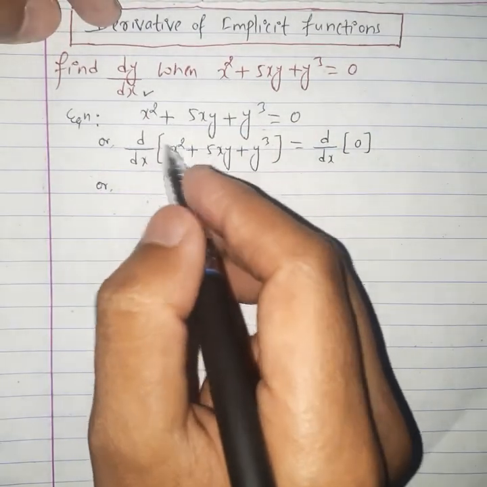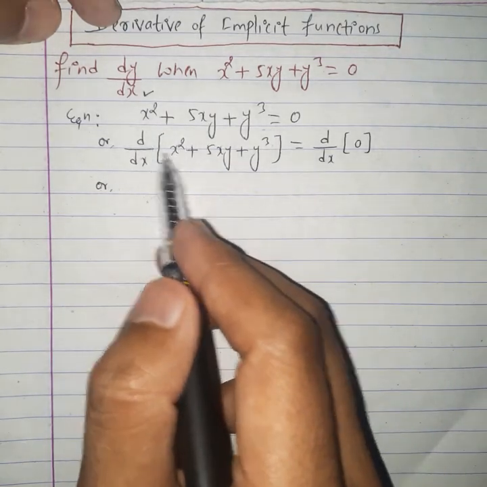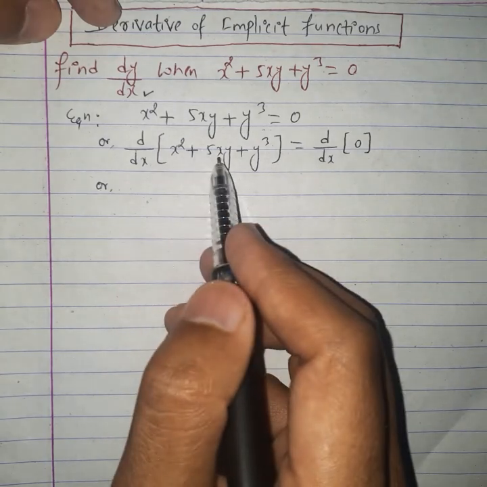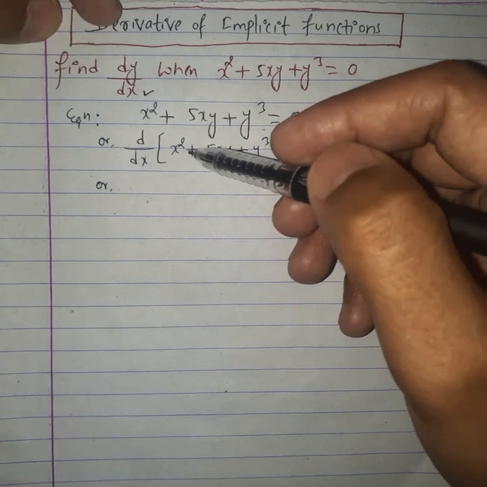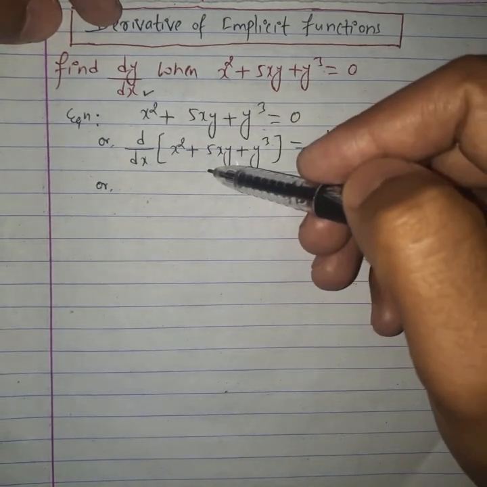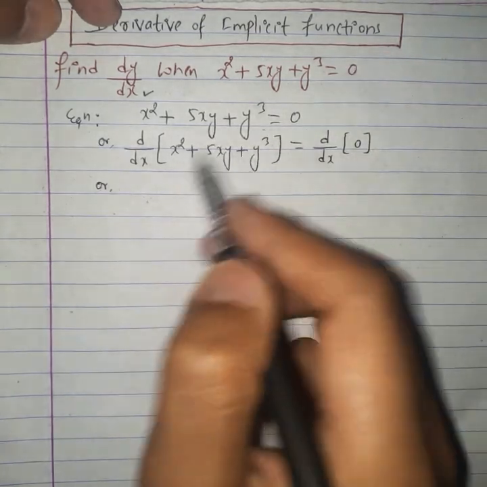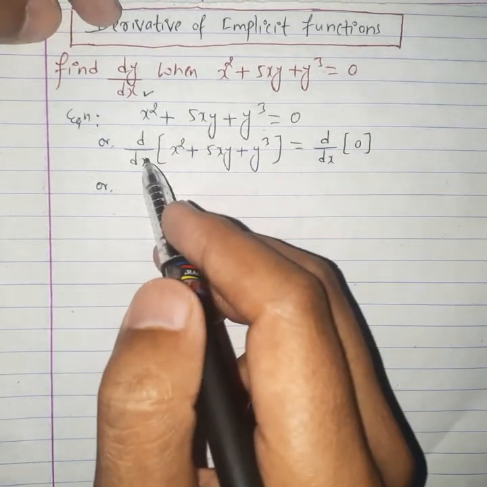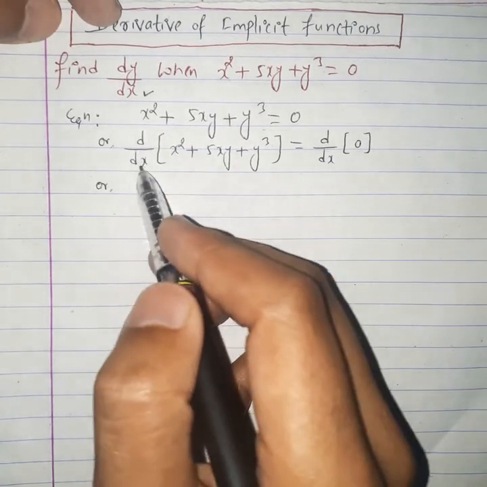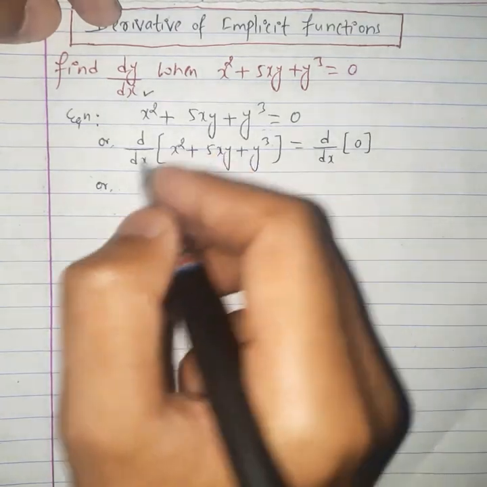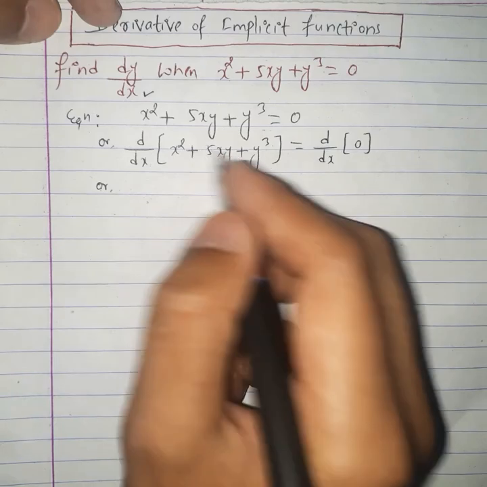Here in this step, this form looks like the derivative of a sum of terms, and as we already studied, that is the sum rule of the derivative. According to the sum rule, we can distribute this differentiation operator d by dx over the addition, over each term of this polynomial.